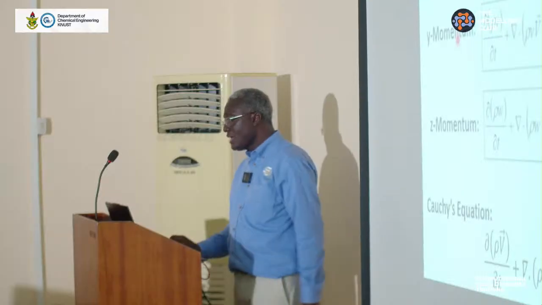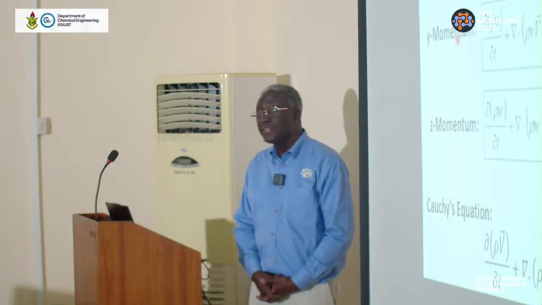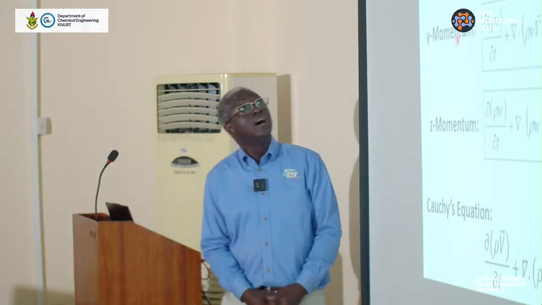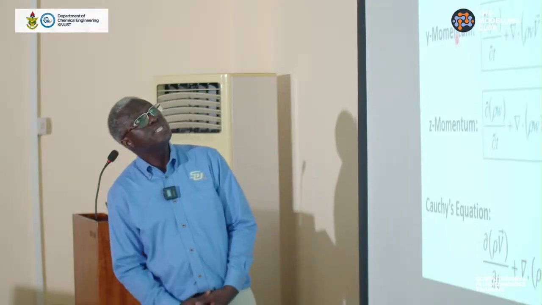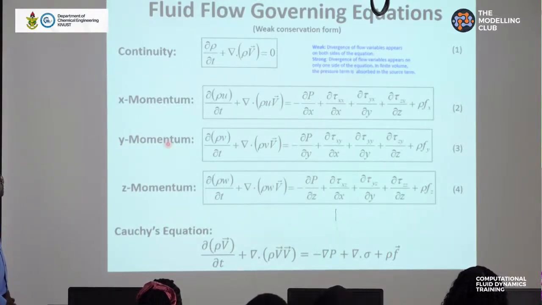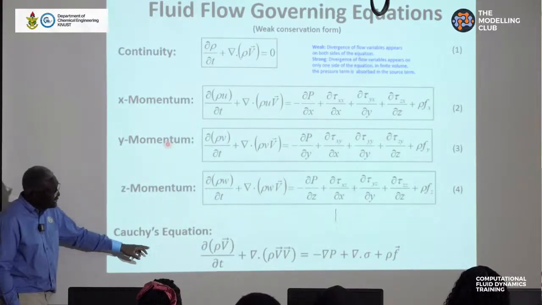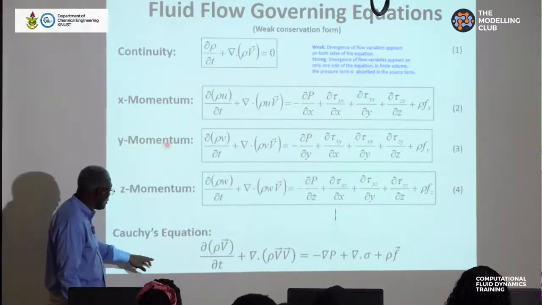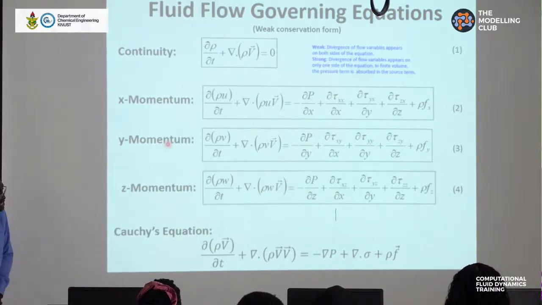So these are your fluid flow governing equations. Your continuity equation in weak conservation form. You have your x momentum, your y momentum, your z momentum, and then in this compact form that we call Cauchy's equation, making use of your del and divergence operators.